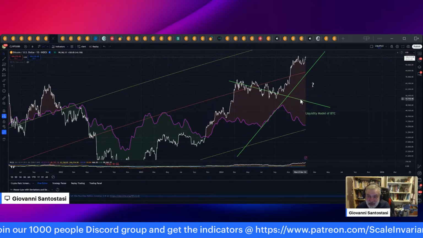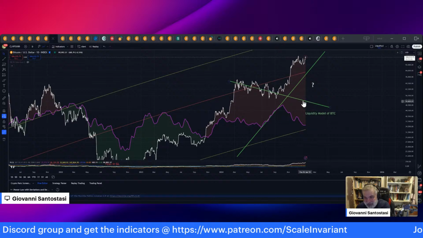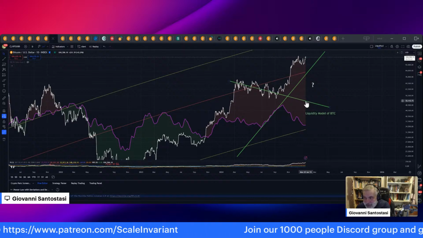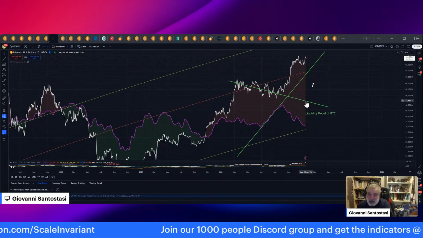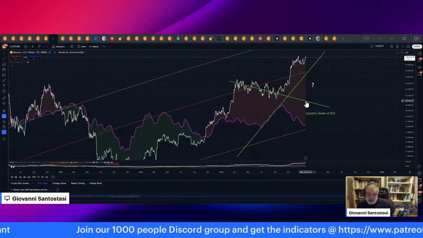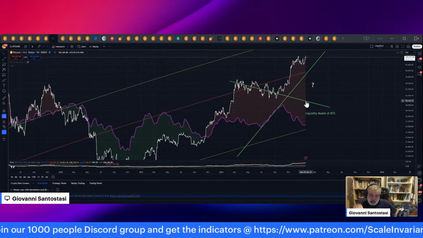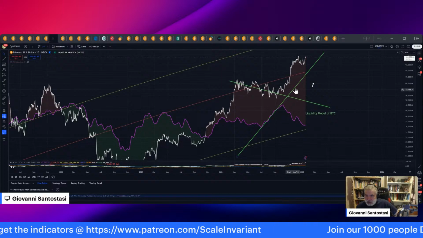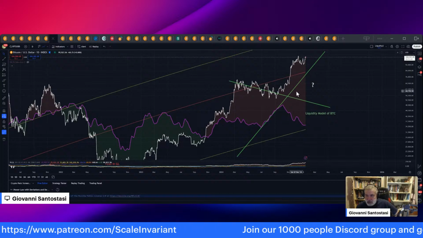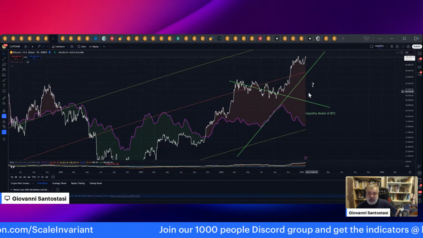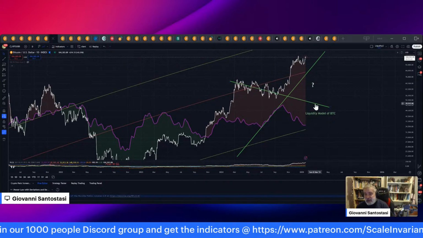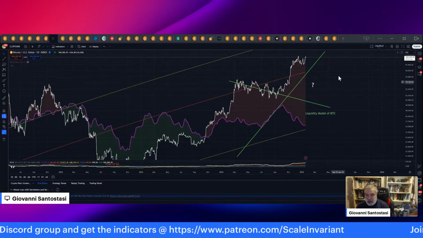If right now the price continues to do that, it's an interesting scenario to consider. We will not even be too low relative to some of the prices that we were experiencing during that time. It will be 52,000, right, Bitcoin, and the liquidity will be much higher. And then we will have a scenario similar to what we had before. Then maybe we will start to see a correction.